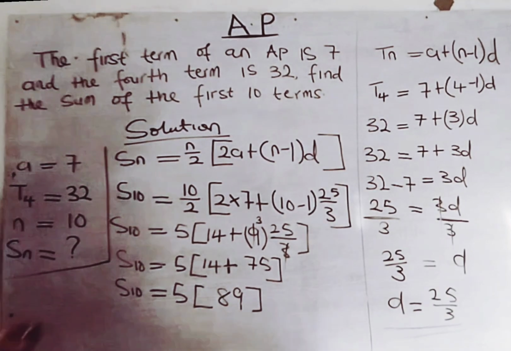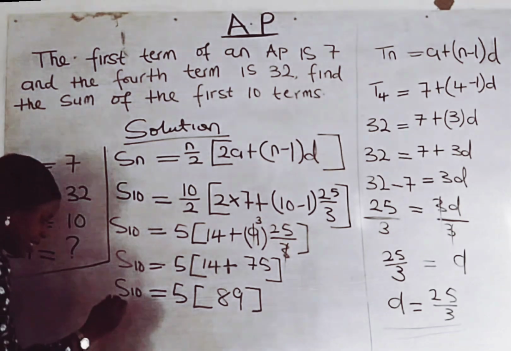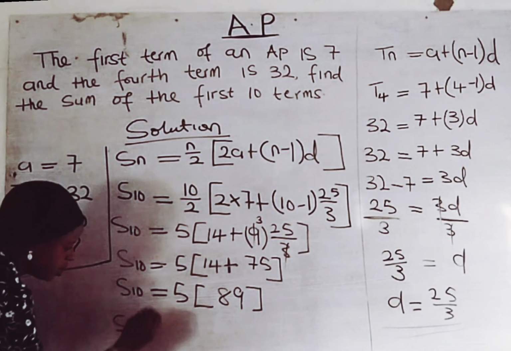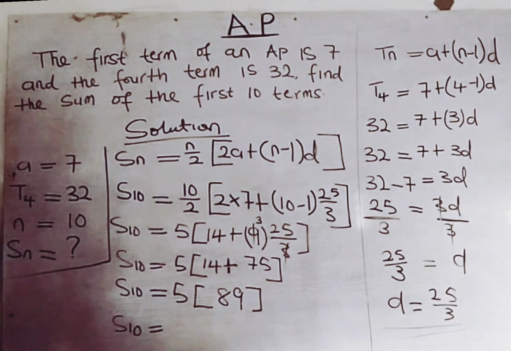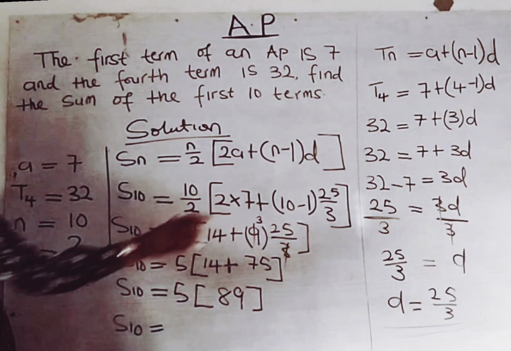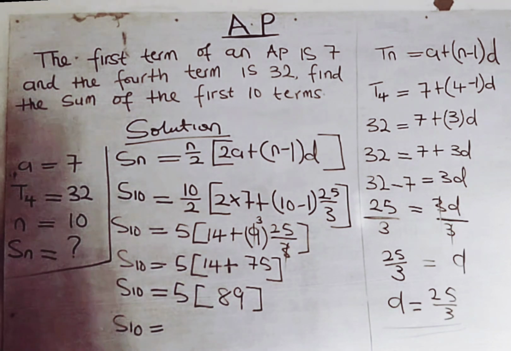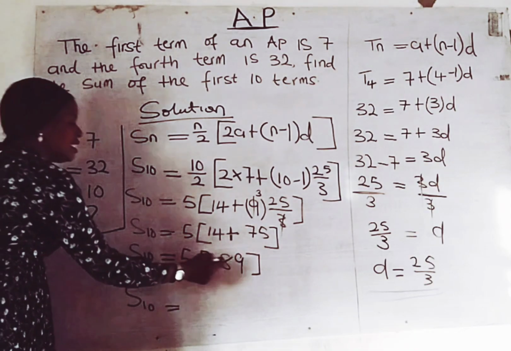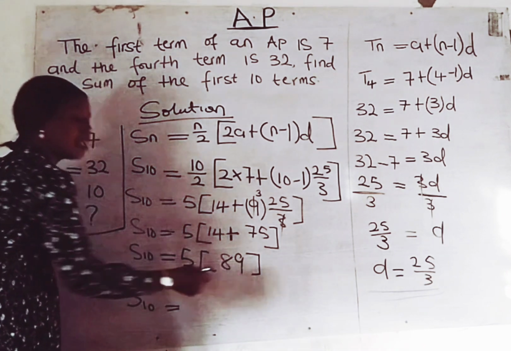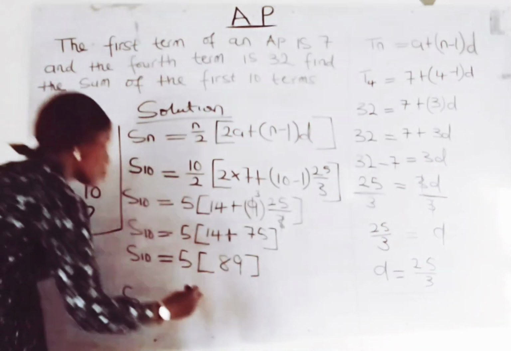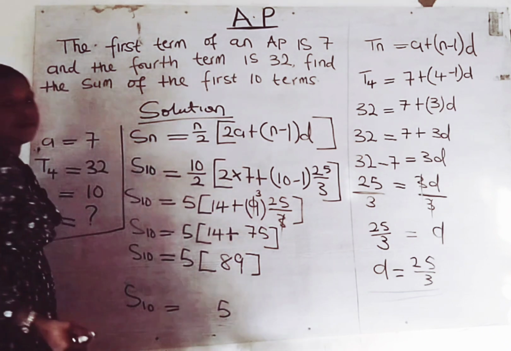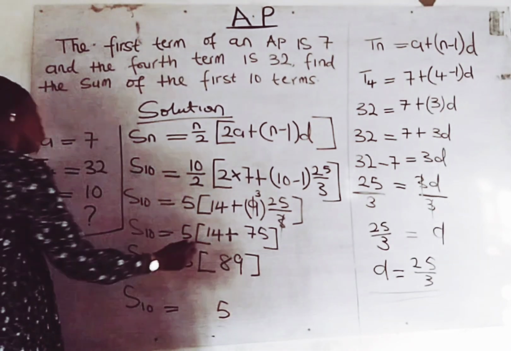I continue. I carry down the S10. Put equals again. Now time to use this 5. Open bracket, and I'll say 5 times 89. We will do it one by one. 5 times 9 gives us 45. So I write 5, carry 4.